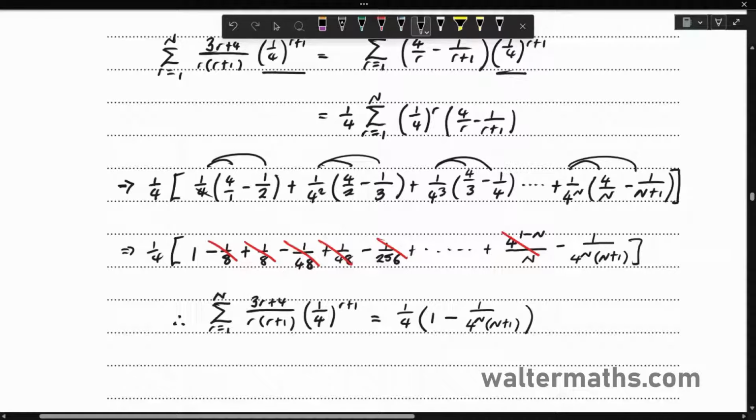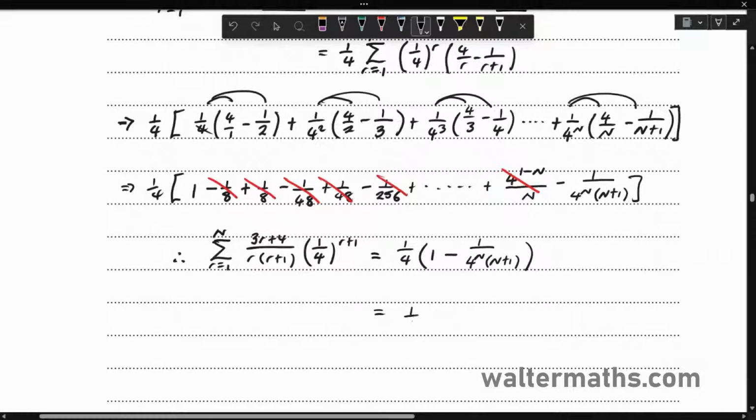So essentially this can be simplified to a quarter minus 1 over 4 to the n plus 1 of n plus 1. So this here is the answer.